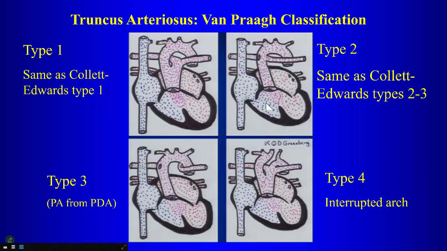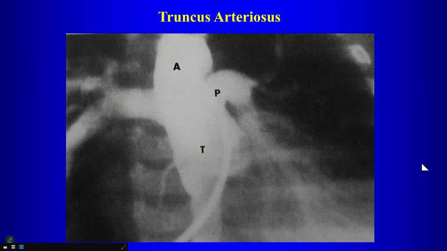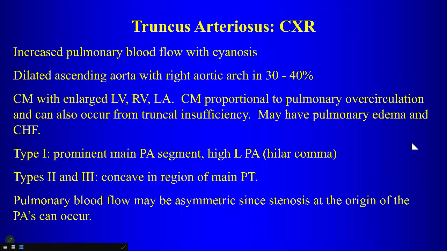Okay. I don't know that it's important to know all these different types, but just make sure that you can recognize when there's a truncus arteriosus, right? So you'll have the common vessel, aorta comes off of that, and then pulmonary arteries will come off of the truncus arteriosus. Increased blood flow and cyanosis, as long as there is no pulmonic stenosis.